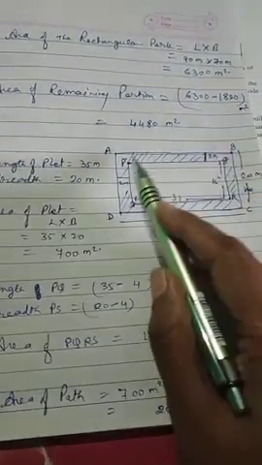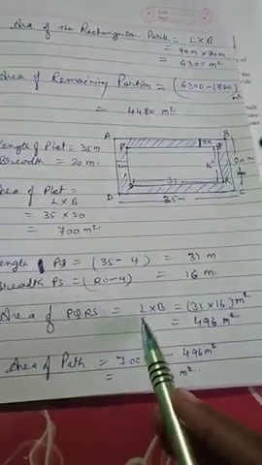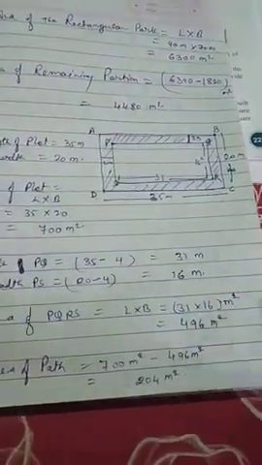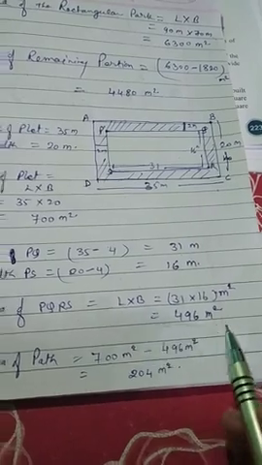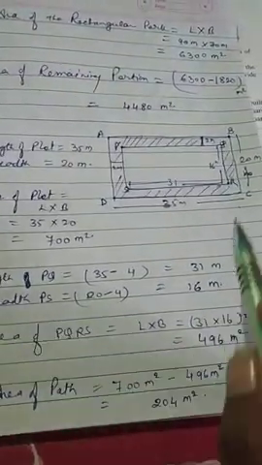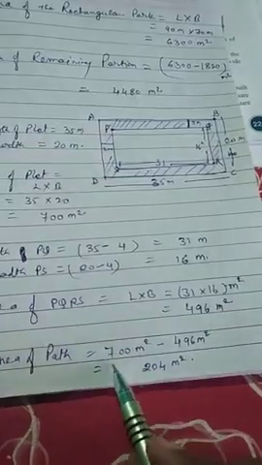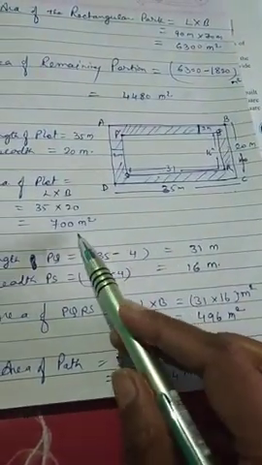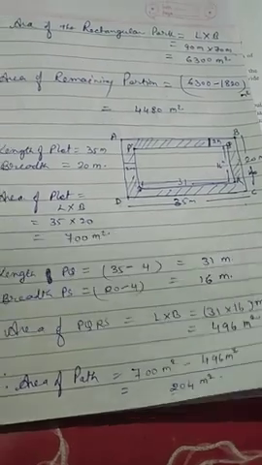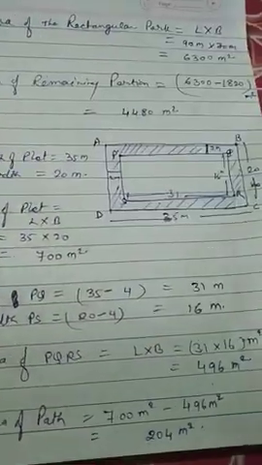Now the area of PQRS, this inside one, length into breadth, that is also rectangular. So 31 into 16, that is 496. Now the area of the path will be equal to full minus this portion. This minus this.